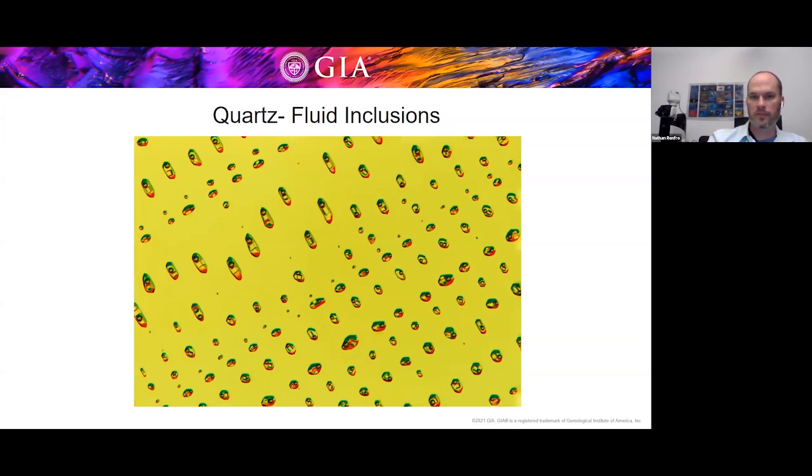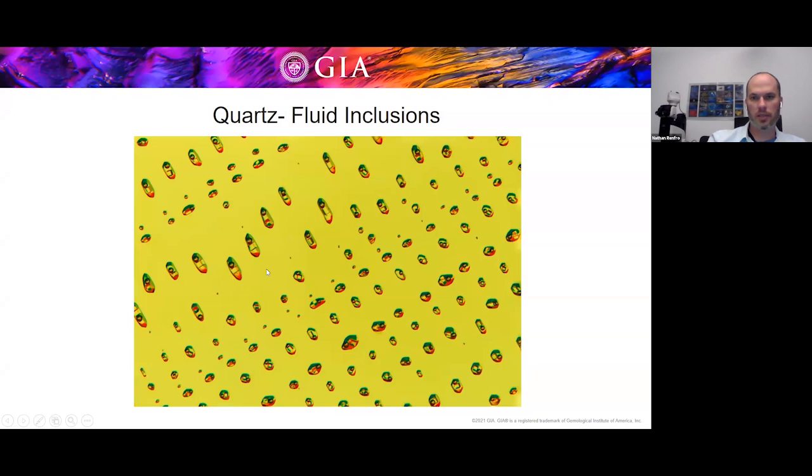Each of those little negative crystals trapped a homogeneous fluid component from the growth solution. But then as the stone cooled down, that homogeneous fluid unmixed into its different components. As the temperature decreased, the fluid could no longer dissolve whatever the solute was that was contained in the liquid, and so you have this unmixing effect.